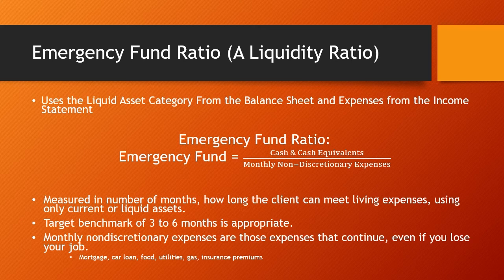Monthly non-discretionary expenses, right? This is where you look at your expenses and you're only adding up the non-discretionary ones. Now, you could do this yearly, or you could do it monthly. Either one's fine. Monthly's fine, so we'll go with monthly. This is why you might want to do a monthly income statement, because most of the time we think of our expenses in monthly terms: our car payments, our rent, our mortgage, our credit card bill, our student loans, we pay those all on a monthly basis, right?